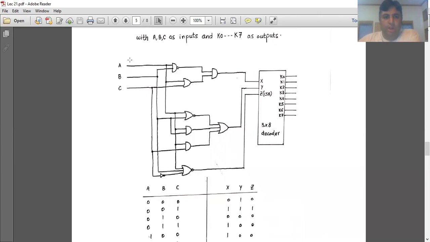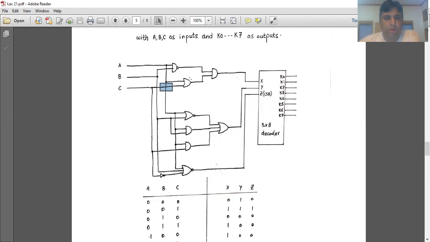In the first case, A is equal to 0, B is equal to 0, C is equal to 0, and we will determine the values of X, Y, Z corresponding to this 000. If A is equal to 0 and B is equal to 0, the AND output is equal to 0, but the NAND output is equal to 1. So we have 1 here. The other gate is this OR gate, which has A equal to 0 and C equal to 0.